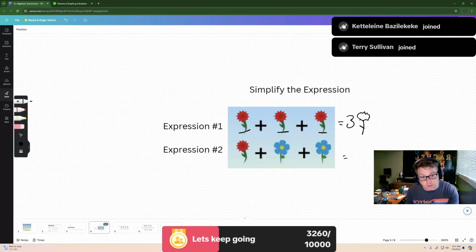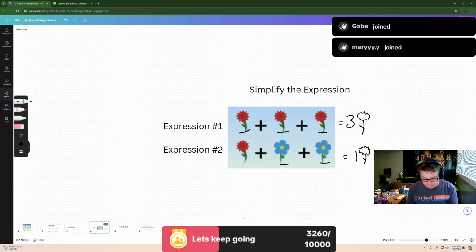Now, for the next one, though, we have one red flower, but we have two blue flowers. So we're combining these two terms together. And that's because they are the same kind of flower versus the red one. So when we're simplifying expressions, you kind of want to group the same things together.